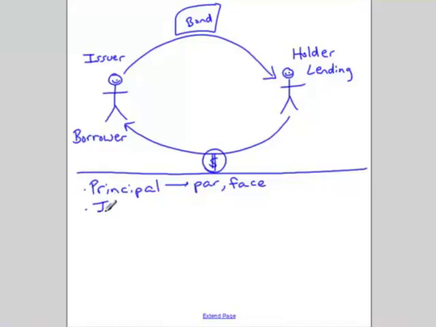And then we need to consider the interest that also must be paid on top of that principal. That's called a coupon or coupon payments. And the coupon payments are calculated as a percent of par. As a percent of par, we call that a coupon rate.